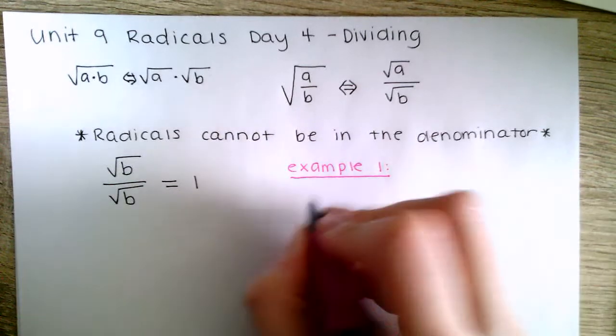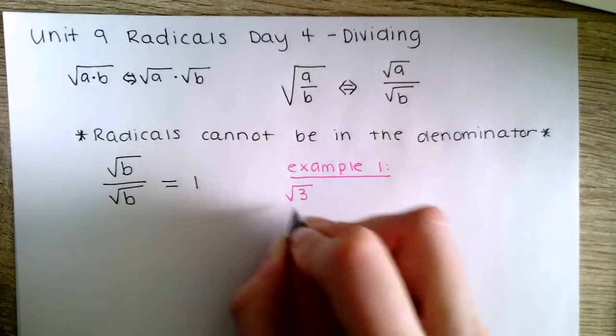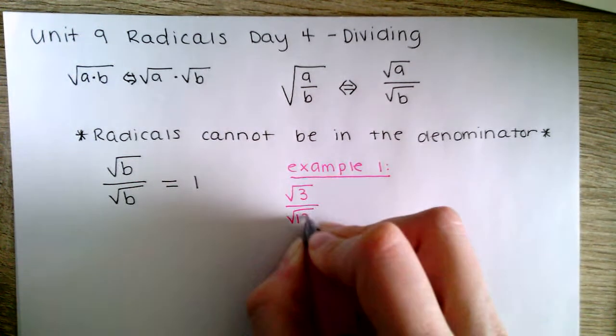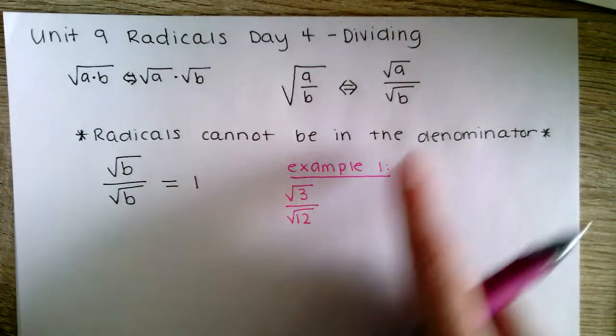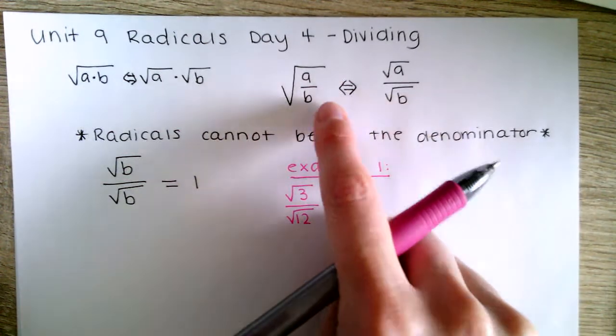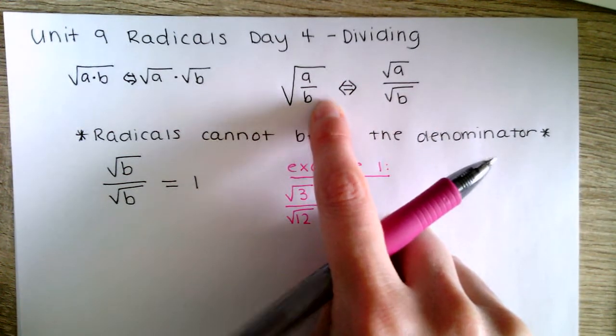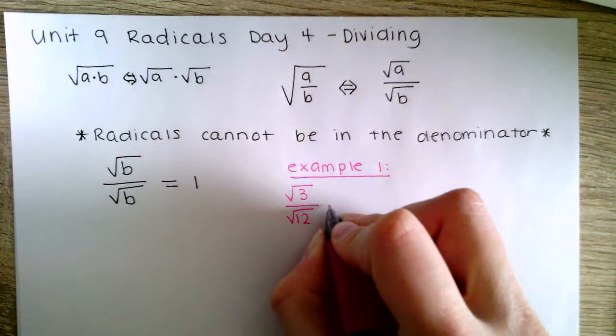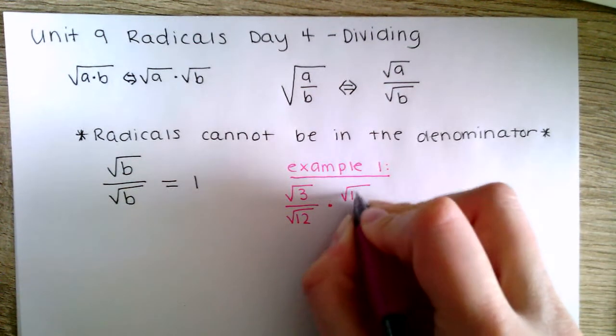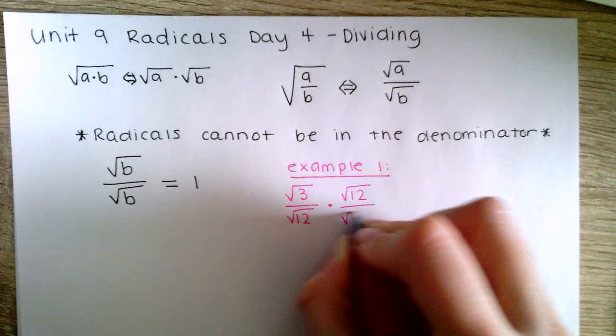So example 1 is radical 3 divided by radical 12. They are separate radicals. We can make them into one big radical if we want to, or we can rationalize the denominator by multiplying top and bottom by whatever radical is in the bottom, because we want to get rid of that radical.